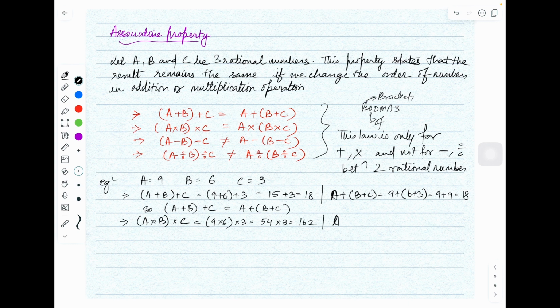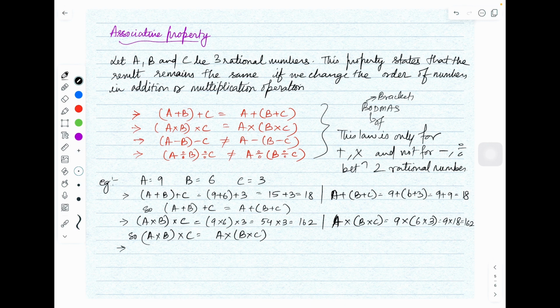Now it is given a into (b into c). A is 9, b is 6, c is 3, so this is 9 into 18. 9 into 18 equals 162. Understood? So same answer you are getting, (a × b) × c equals a × (b × c).